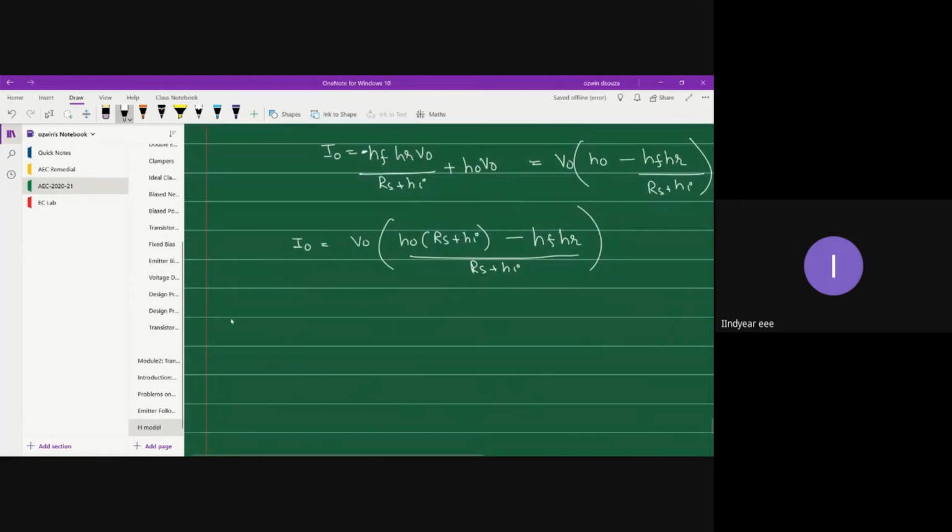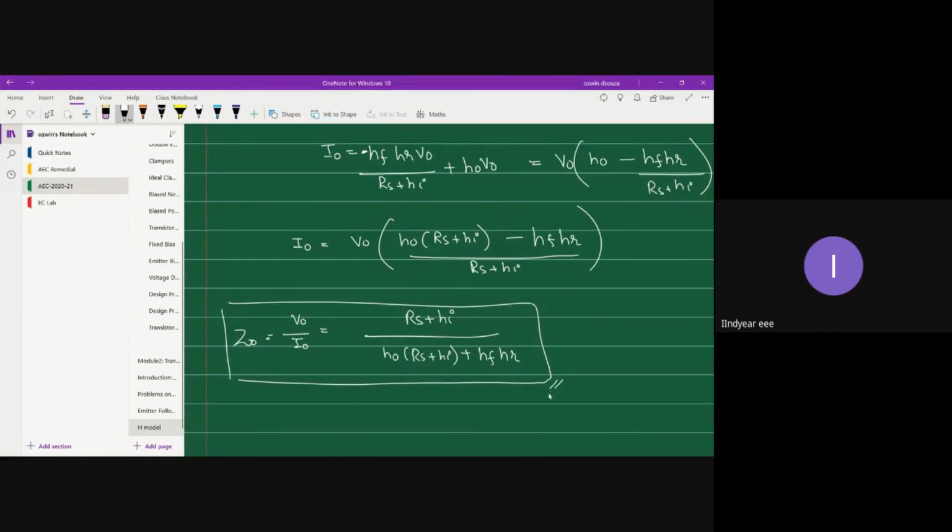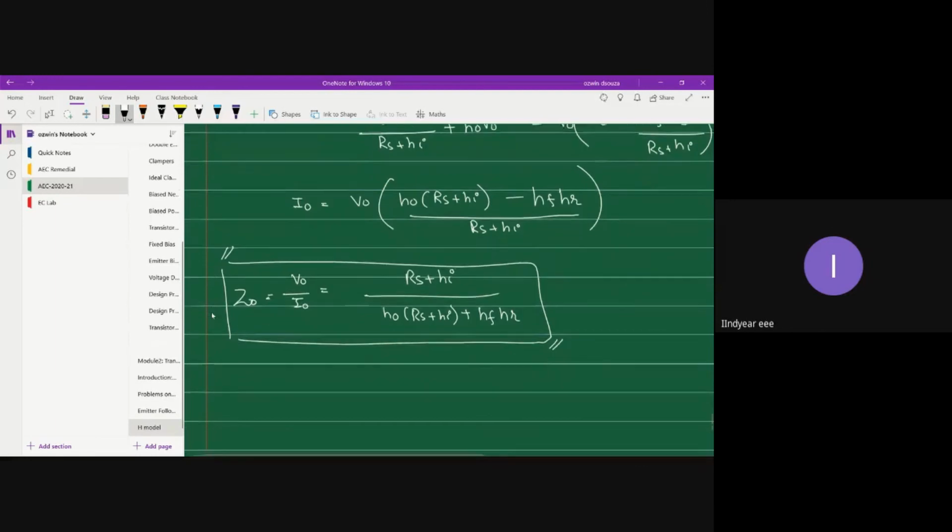Or take out the ratio V0 by I0, which is equal to Rs plus Hi divided by H0 into Rs plus Hi minus Hf into Hr. So this is basically the ratio. That is your Z0.